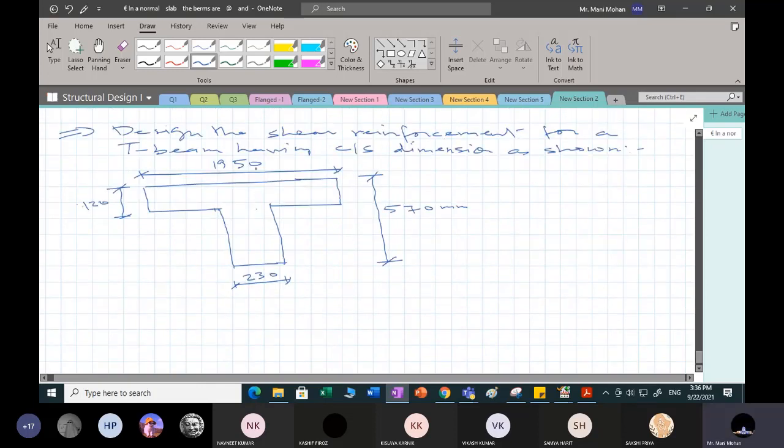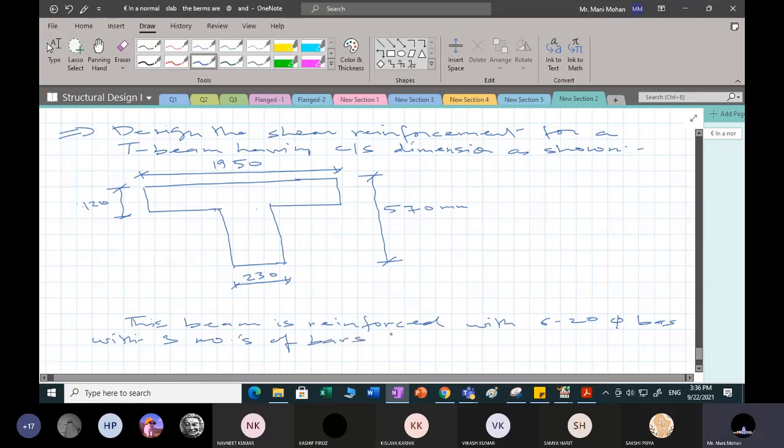Design the shear reinforcement for T-beam having cross-section dimension as shown. This beam is reinforced with 6 number of 20 dia bar, with 3 numbers of bars being curtailed near support.